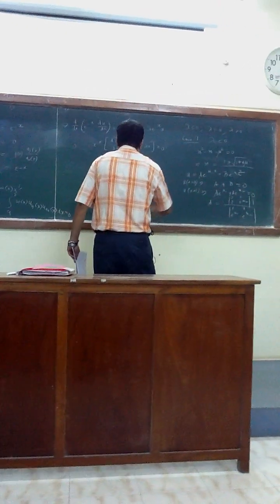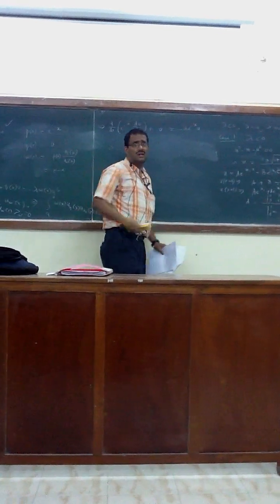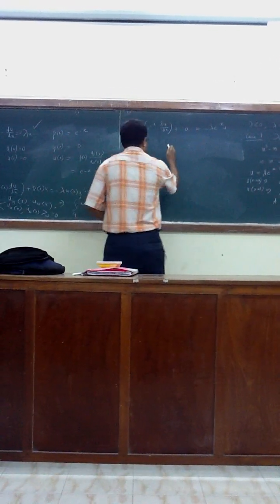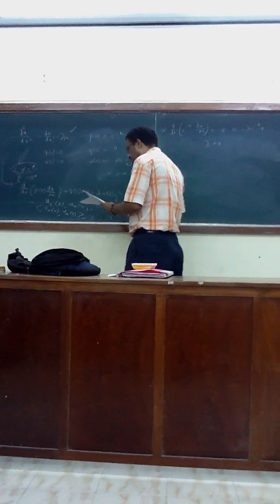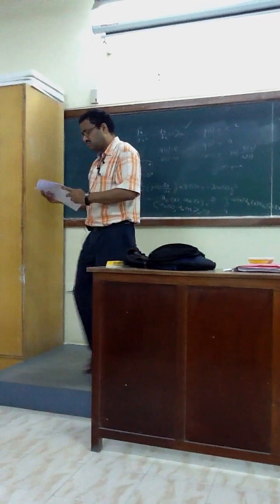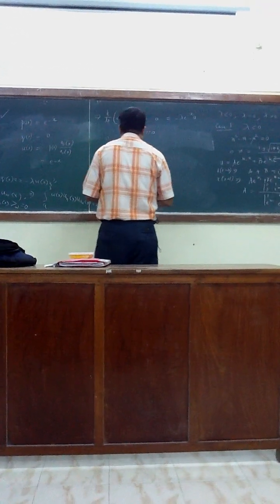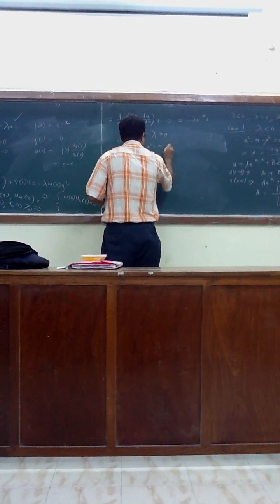Next we will be talking about lambda equals to 0. Any questions? If lambda equals 0, what actually happens? So first we found lambda cannot be negative. Now, is lambda equals 0 possible? So it is m square minus m equals 0.